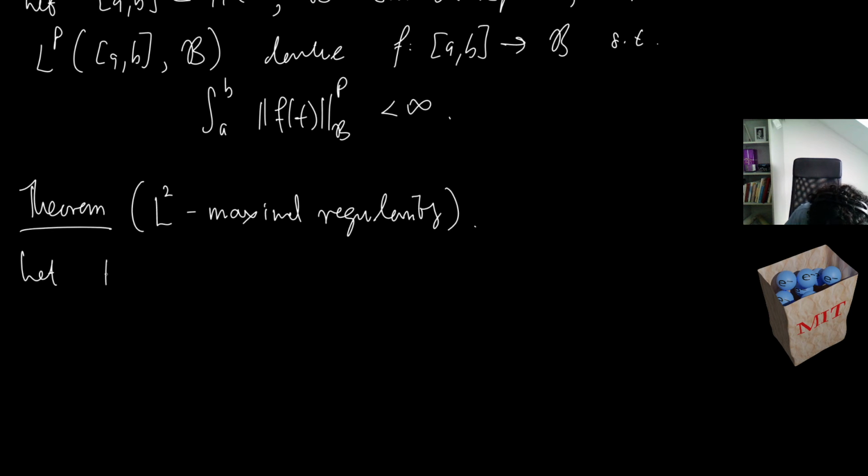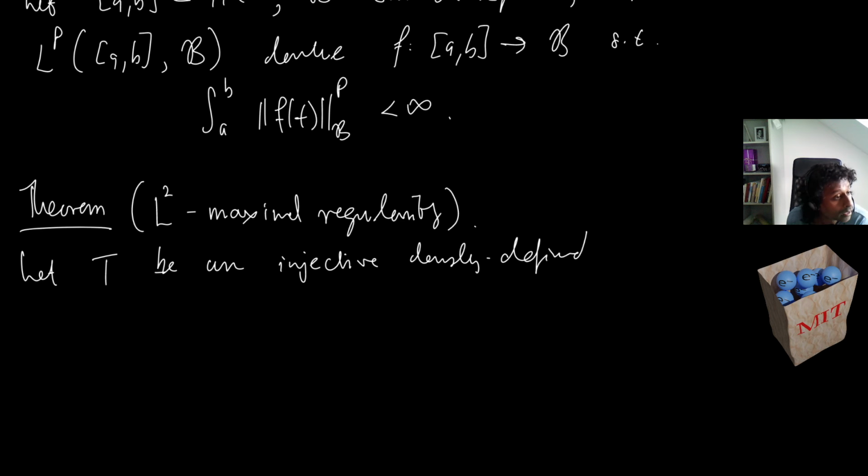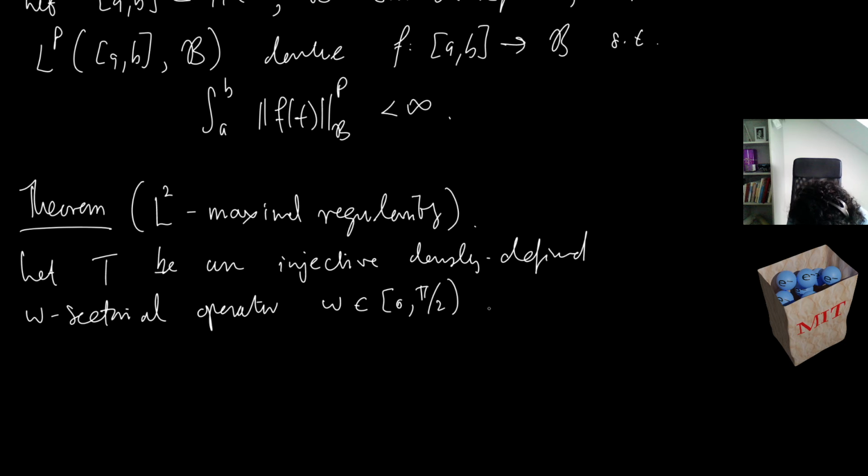Let T be an injective, not even an invertible, injective, densely defined omega sectorial operator for omega in the range 0 to pi on 2 on a Hilbert space H. Okay.